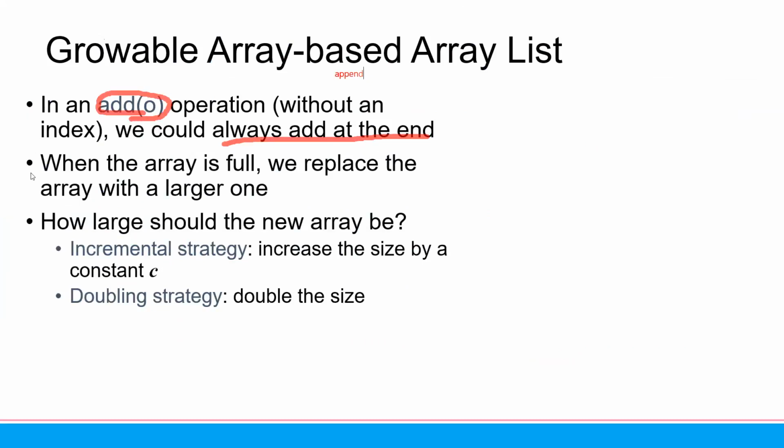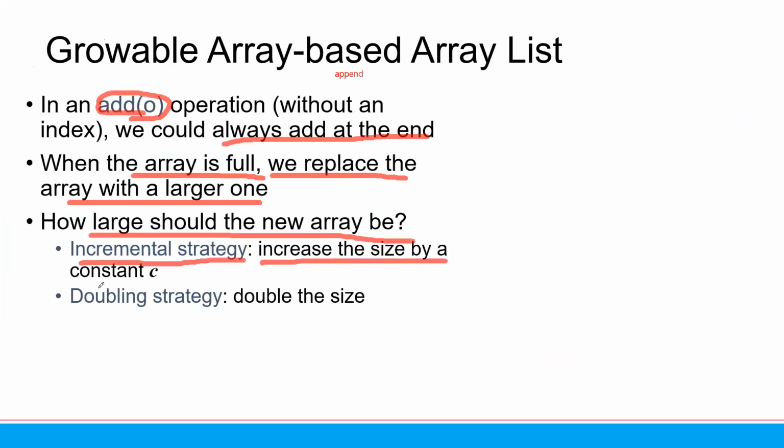But when the array is full, we replace the array with a larger one. So how large should the new array be? There are two kinds of strategy. The first, we call the incremental strategy: increase the size by a constant c. Or we have the doubling strategy: we double the size.